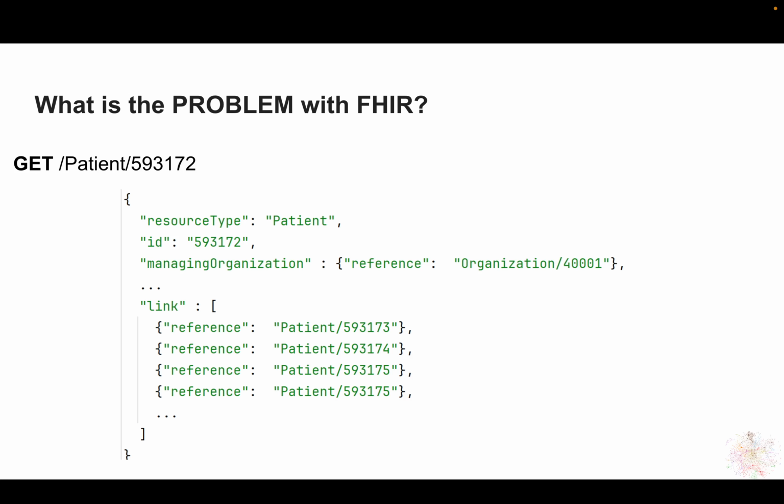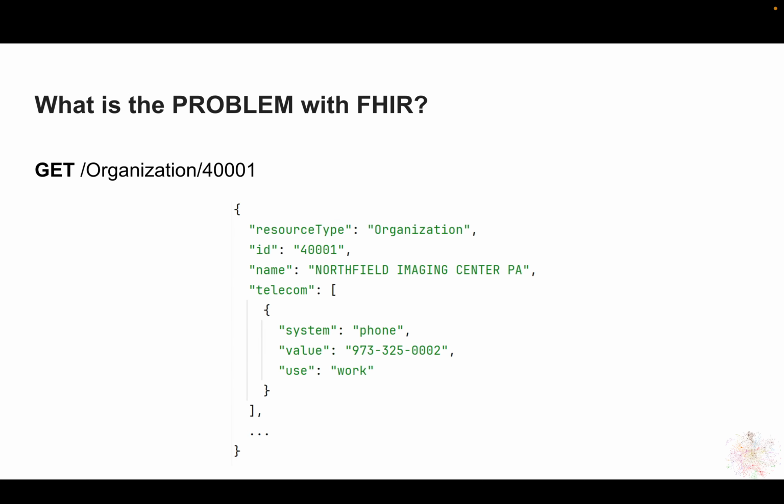It has a link to the managing organization, links to the related persons. But what if we also want to retrieve the full information about the organization? Not only the ID. What are we going to do? Probably we will make another GET call to the organization resource and retrieve the information about the organization.